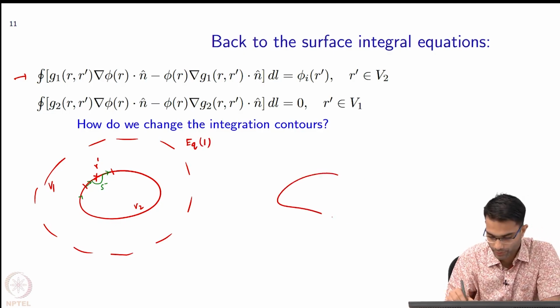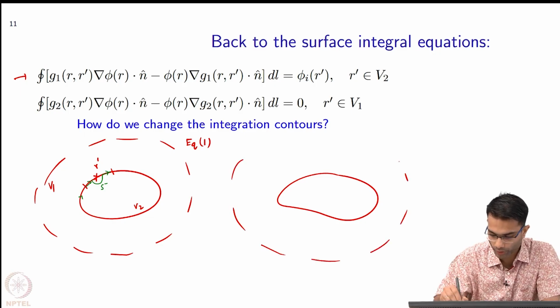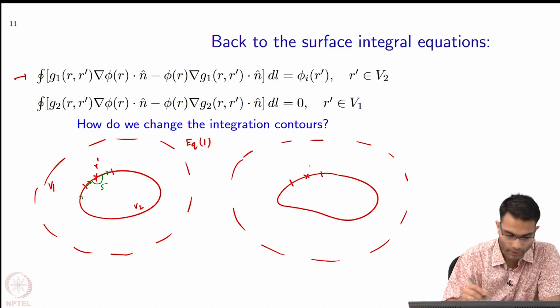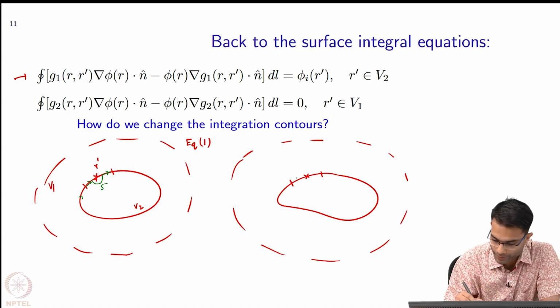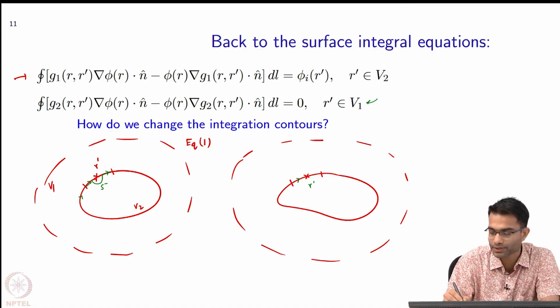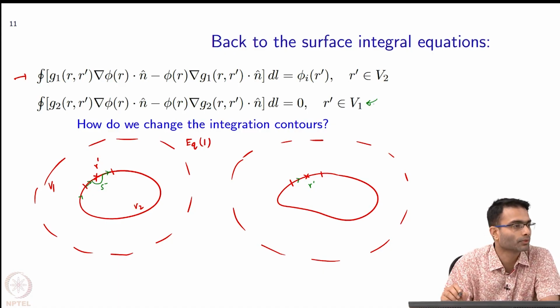For equation 2, I am drawing it separately just so there is no confusion. Again, this is my segment over here, and I am going about my integration. This is my R prime. Now, R prime in the second equation is forced to belong to V1.